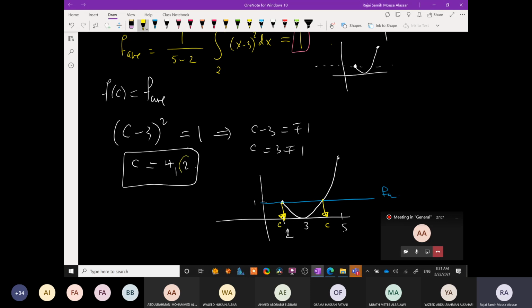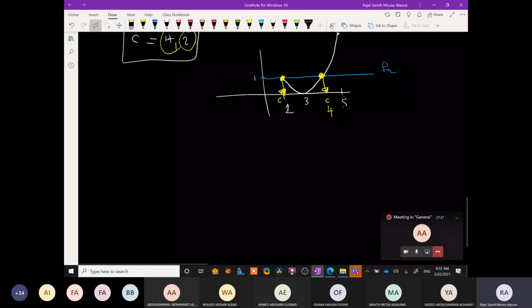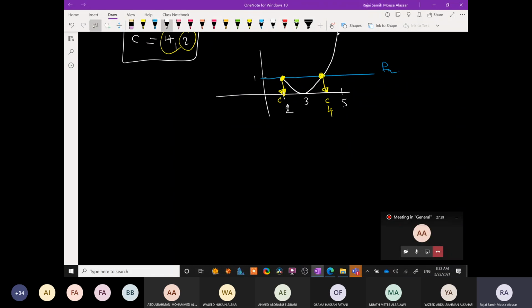What are these values? 2 and 4. So you must hit this average value here. And you must hit the function here. That's what this is saying. Is that okay, Sean? Easy? Yes. It is so easy that you probably don't want to believe that it is easy, yes? So it's just as simple as that.